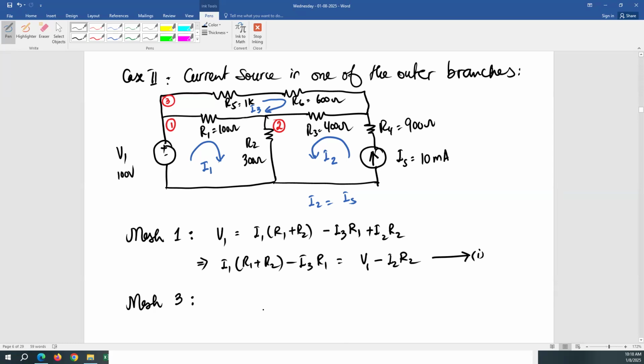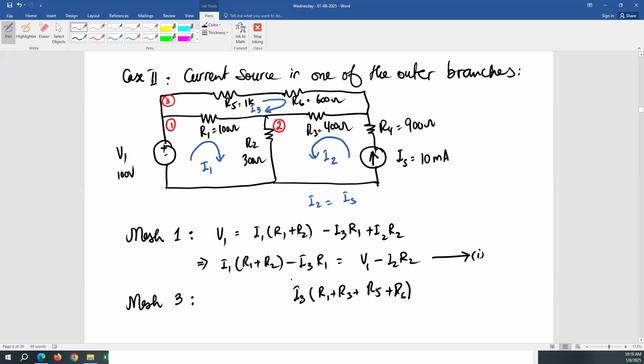I3 times R5 plus R6, but I3 is passing through R1 too. It is passing through all these 4 resistors. So I3 times R1 plus R3 plus R5 plus R6.